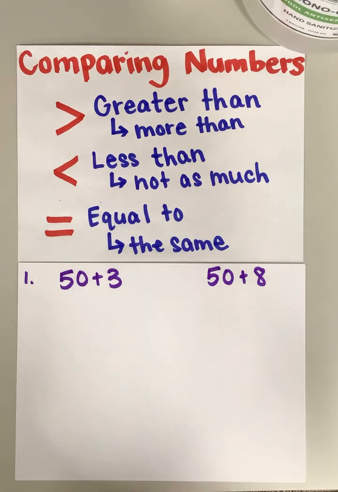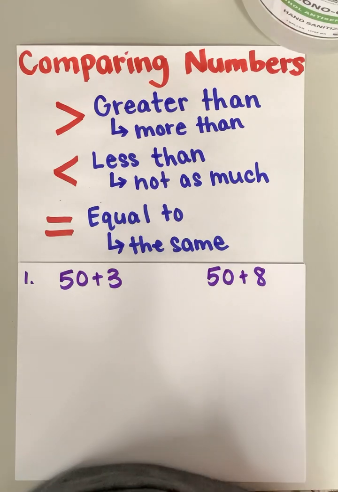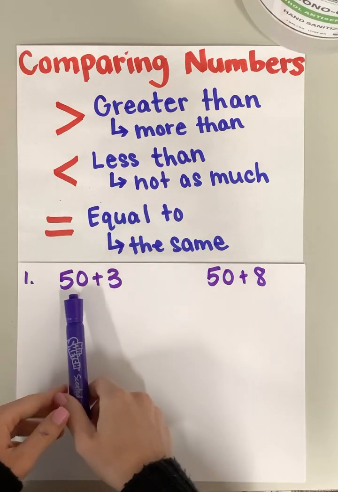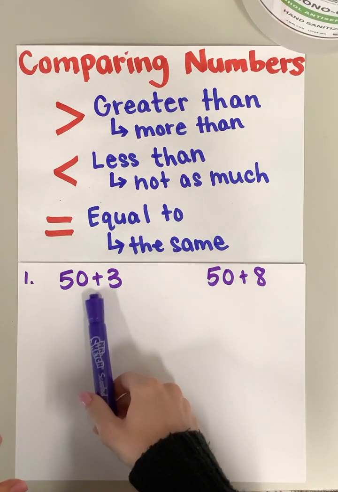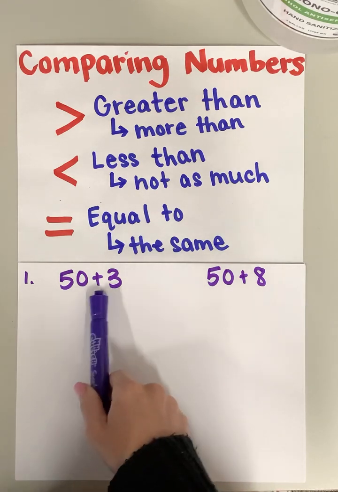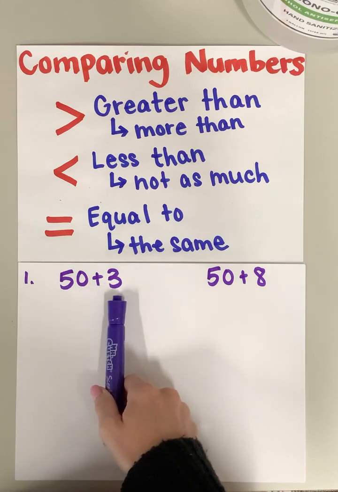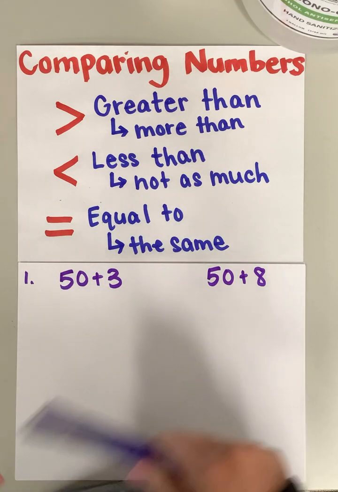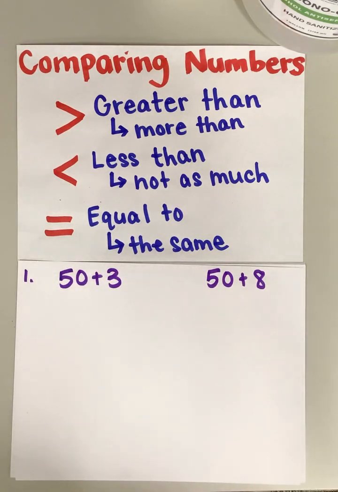Great job. Expanded form means that we're stretching out that number into the place values of tens and ones. I know that there's a plus sign in expanded form because I'm adding together the tens place and the ones place of a number to make the total of this number that we're representing.